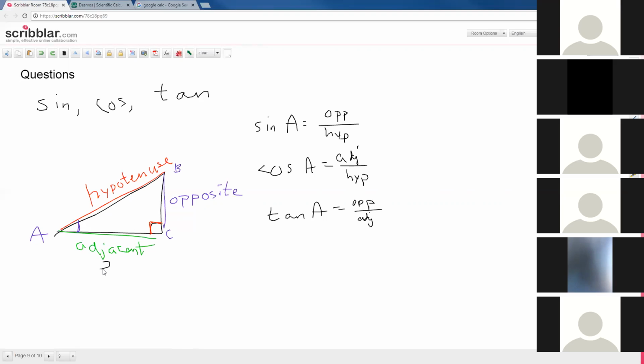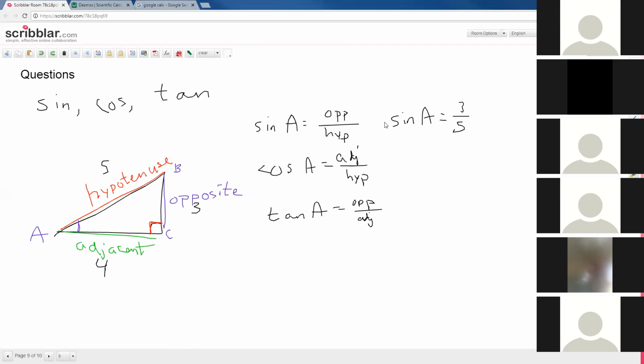If we said, let's make it a little believable, let's make opposite 3, adjacent 4, hypotenuse 5, then sine A, we could actually fill in with numbers. What number would we put in for the opposite? Good, 3. And then what would we put in for the hypotenuse? 5, good.